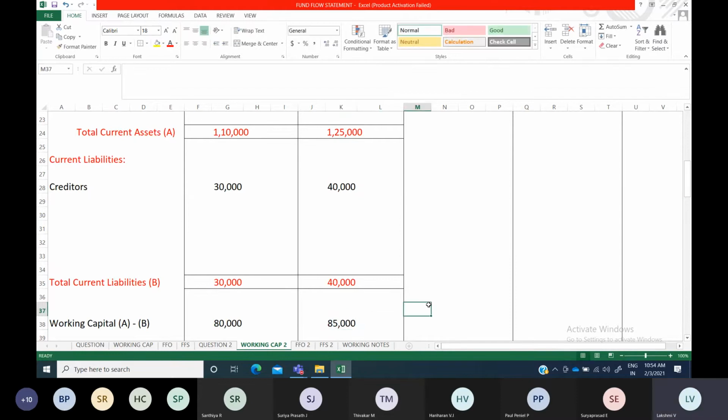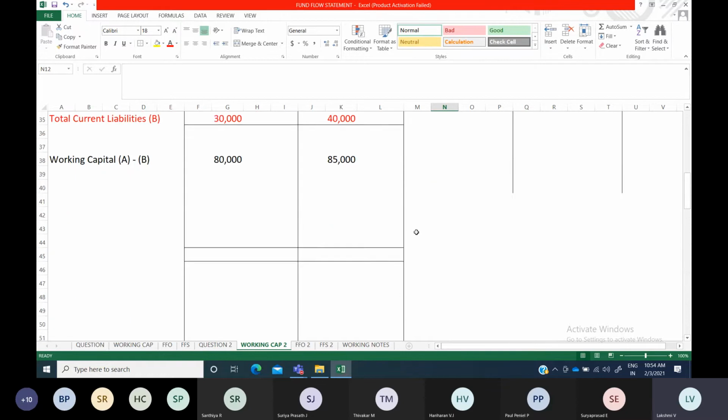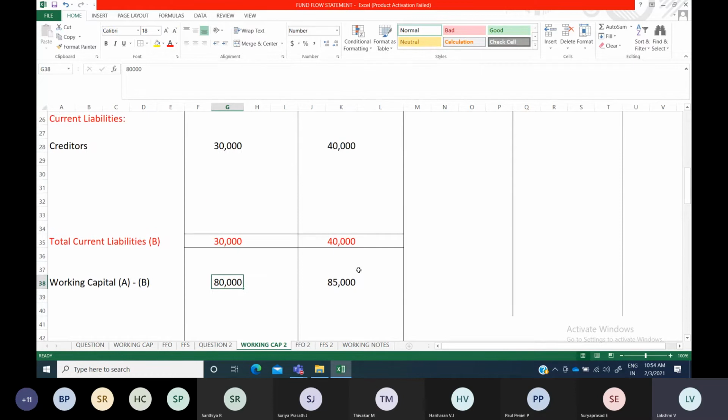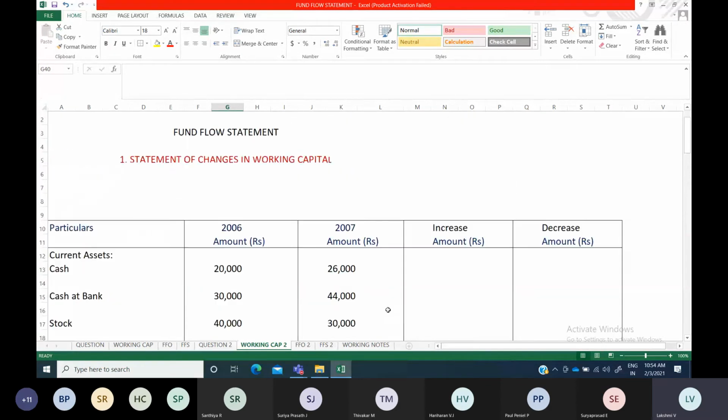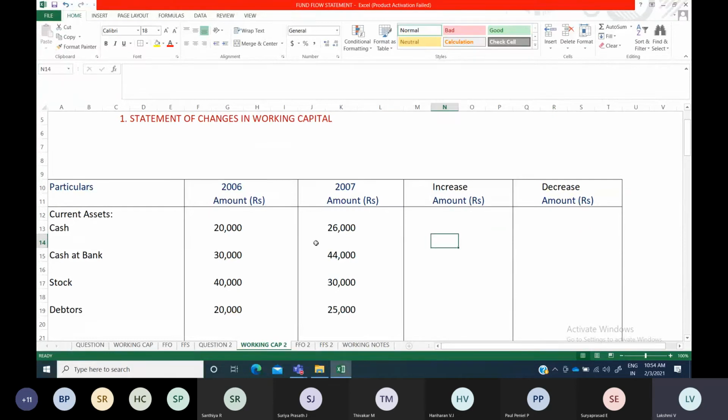Okay. So now what you have to do? You have to move to the increase column. I think you would have done till this. So working capital is 80,000, 85,000. So 5,000 increase in working capital. Now just find out whether this side also you're getting 5,000.